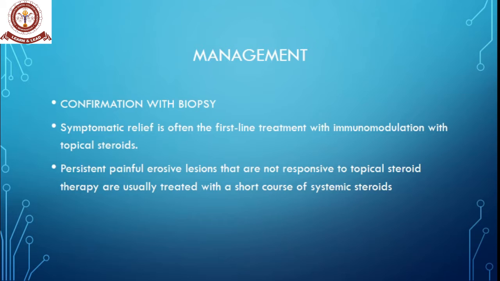As we all know, the rate of malignant transformation is very low, so we can concentrate first on symptomatic relief for the patient. In case of persistent painful lesions where topical steroids are not helpful, we can go for a short course of systemic steroids also.